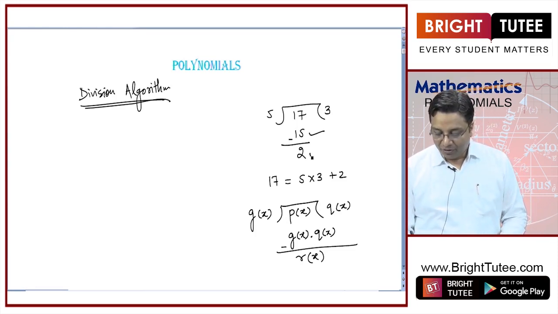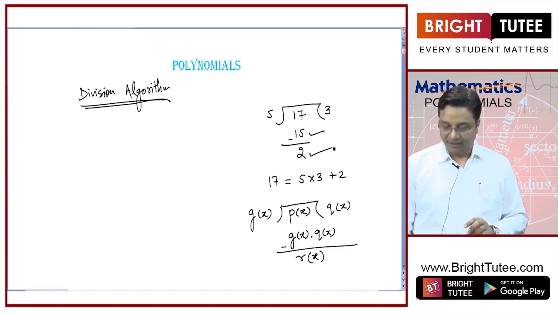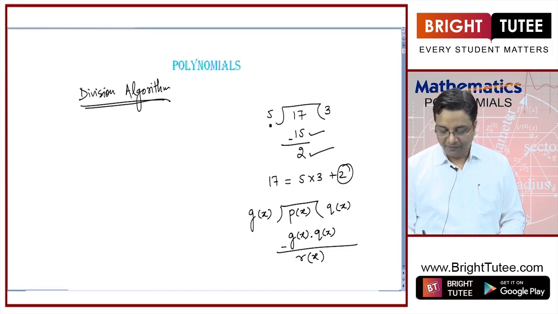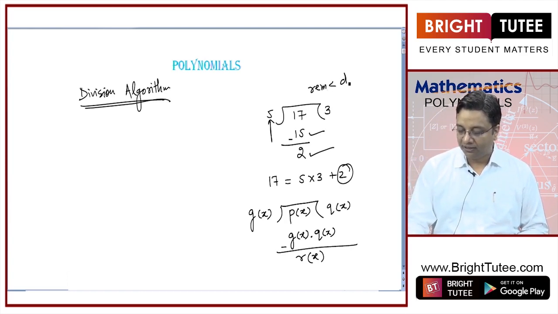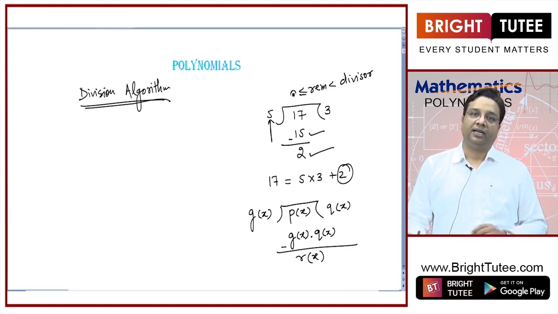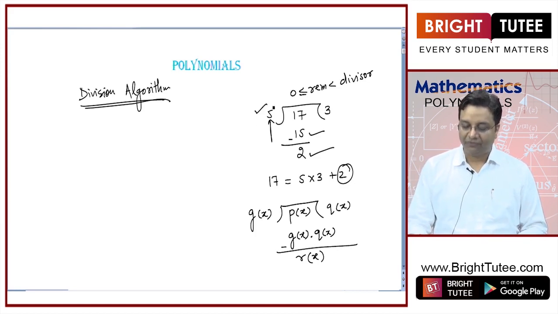And what we studied about remainders in real numbers is that the remainder will always be lesser than the divisor. The remainder was always lesser than the divisor and it can be greater than or equal to 0. And when was it equal to 0? When the divisor was a factor of the dividend.